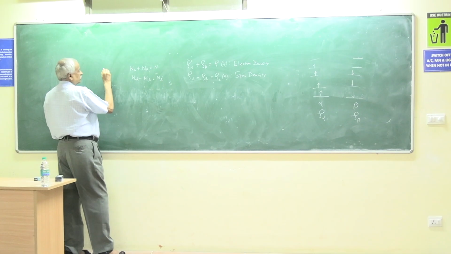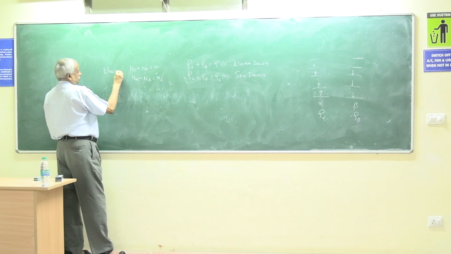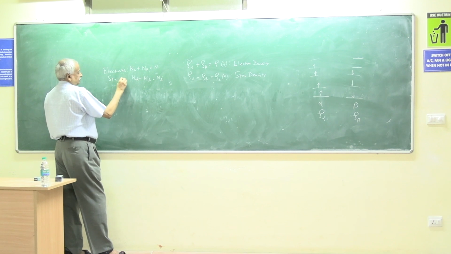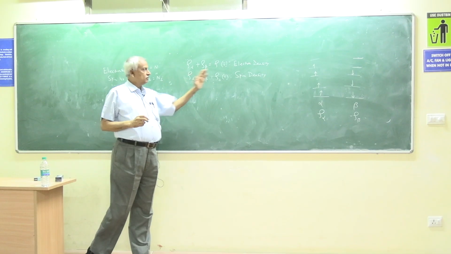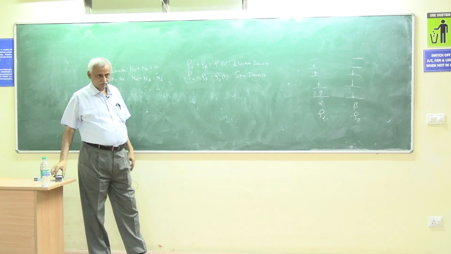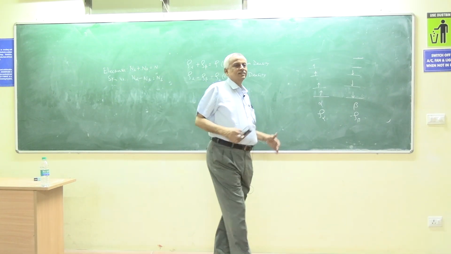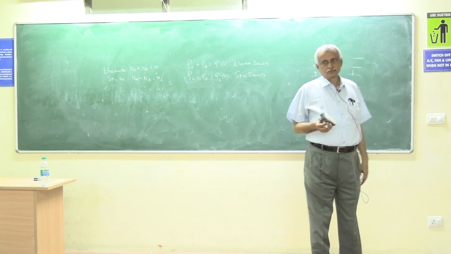So this is what we call the electron number, and this is called the spin number. Okay. So you can see electron density and spin density, electron number and spin number. The spin number will tell you the extra unpaired spin, how many you have in your system.